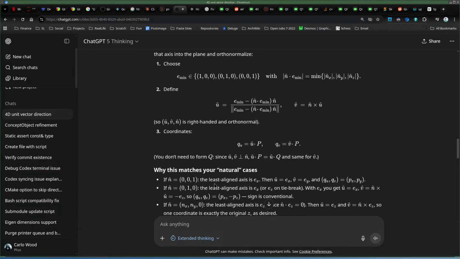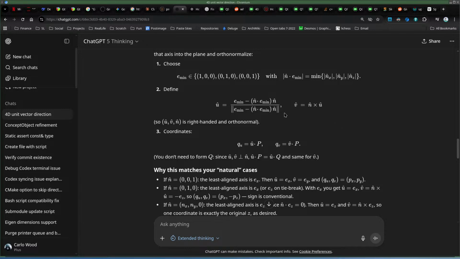So it's the least aligned axis. No, it's EX or EY. But that doesn't matter, because I guess we should get this regardless. Or not.